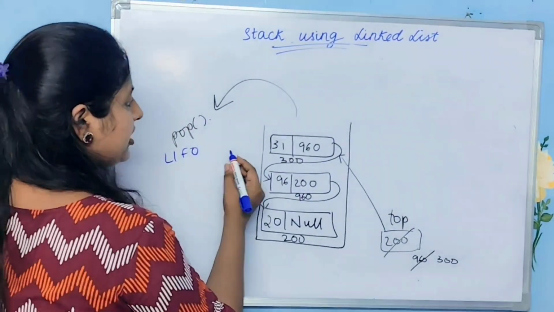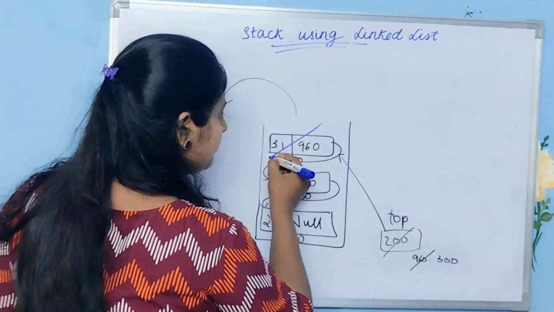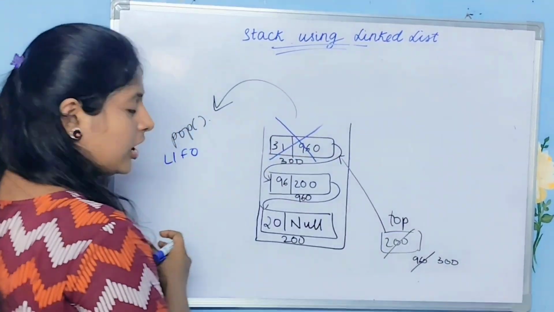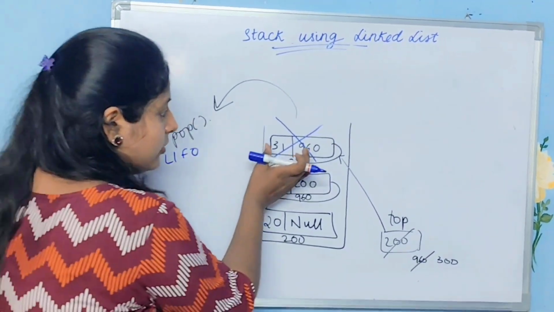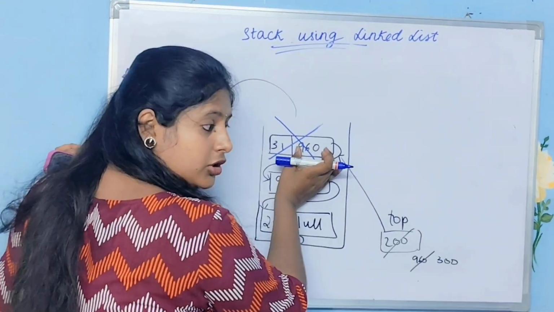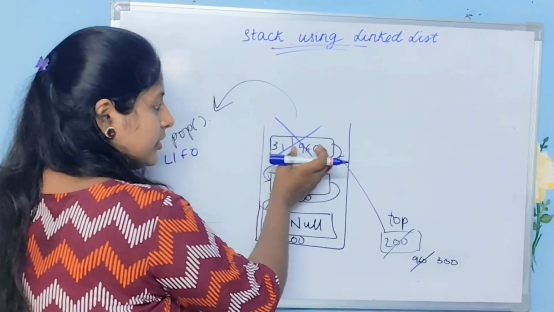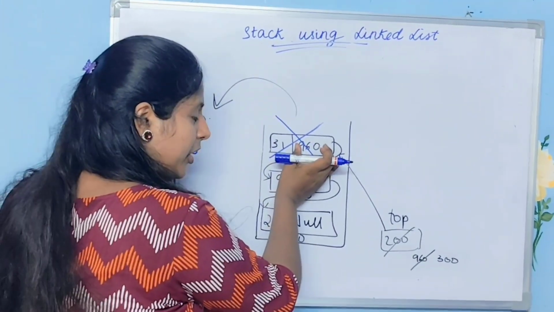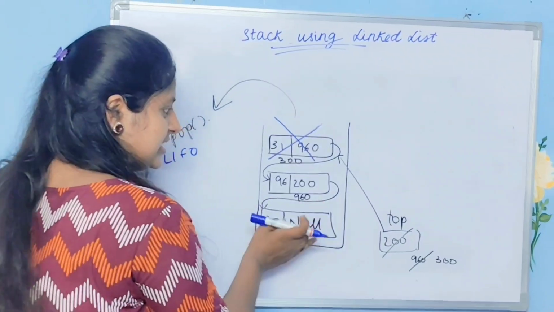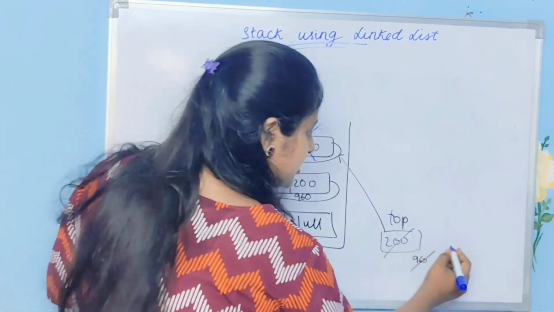First pop operation. This is my top. This is going to be deleted. What is the next pointer of my top element? 960. Where is 960? Top will be pointing to 960.